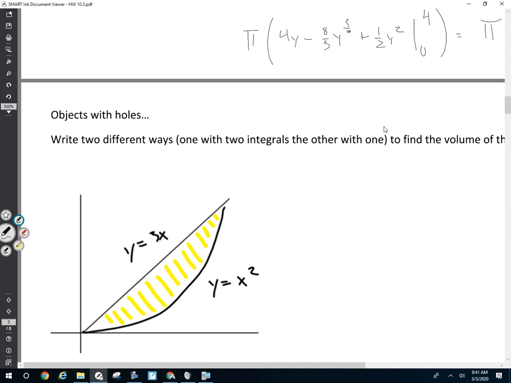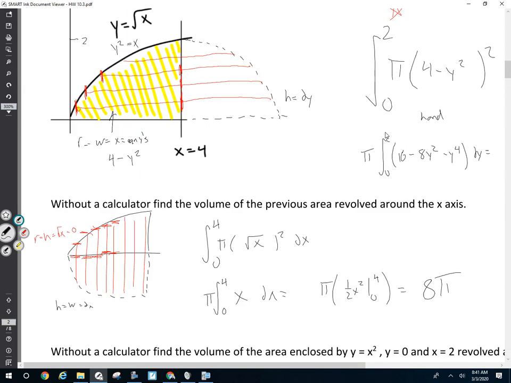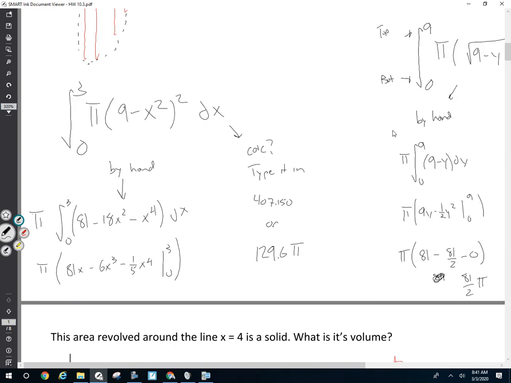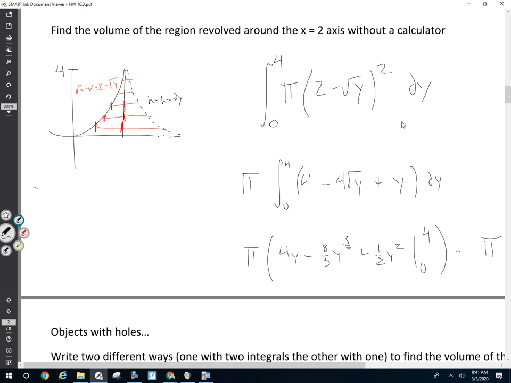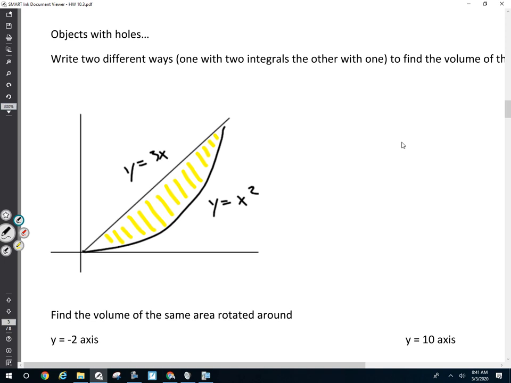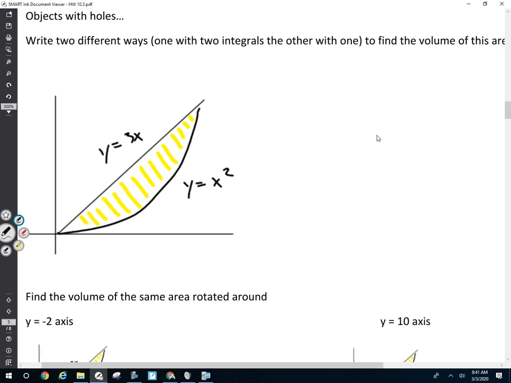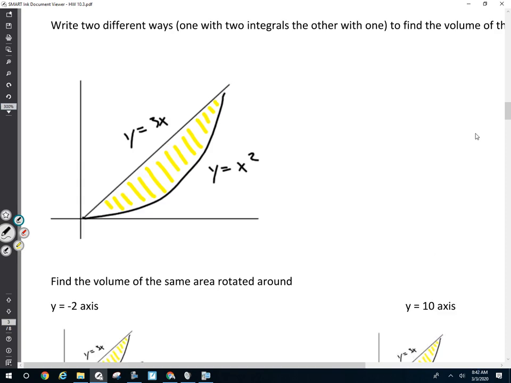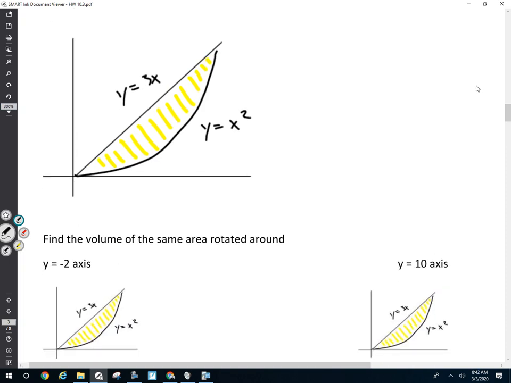All right, those are all solid objects. Okay, great. Solid objects, pi r squared h, cool. But now we're dealing with objects with holes. There are two different ways to find the volume of this area spun around the x-axis. Unfortunately, I did not do you a favor by giving you enough room to show the reflection, so we're going to have to do the best we can.